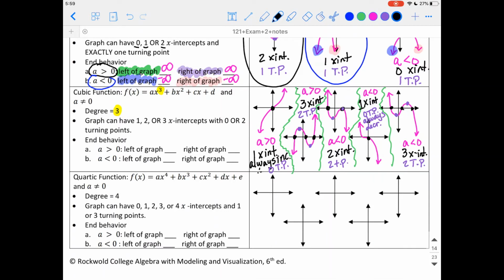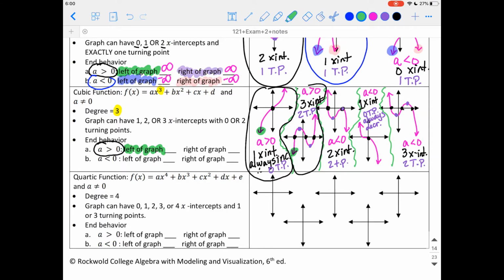All right. So for a greater than 0, that would be this graph, it would be this graph, and that's it. So the left of the graph is the leftmost arrow, so it's that one or that one, and that's it.